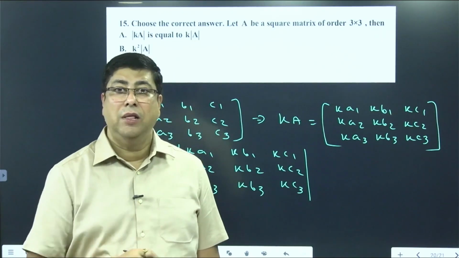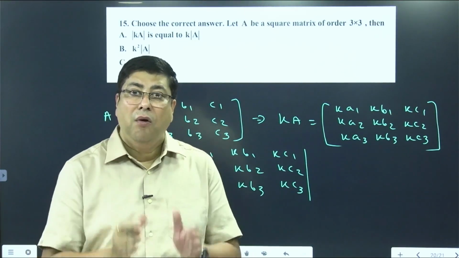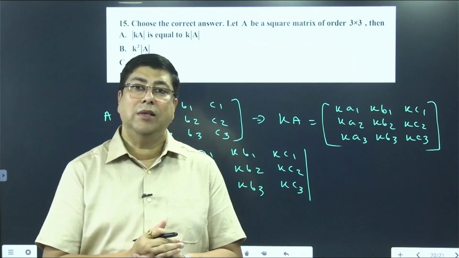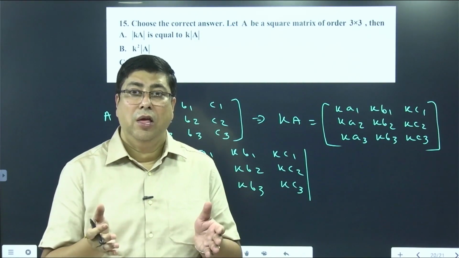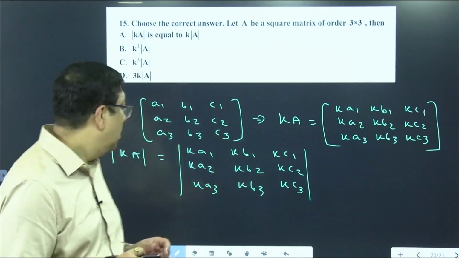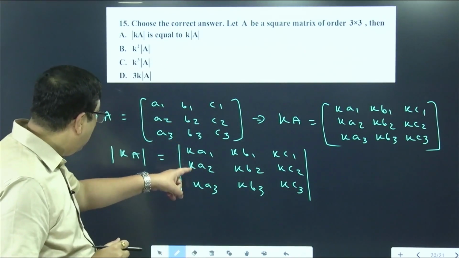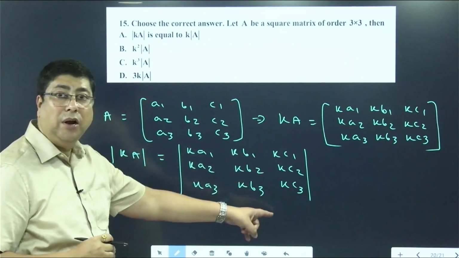But there is a difference in the K property of the matrix and the determinant. For the determinant, the K property is that if in any one row or column there is a constant, we can take it outside. But for the matrix K property, if there is a common factor in every element, then we can take K common. So from this, we can take K common from the first column, the second column, and the third column.